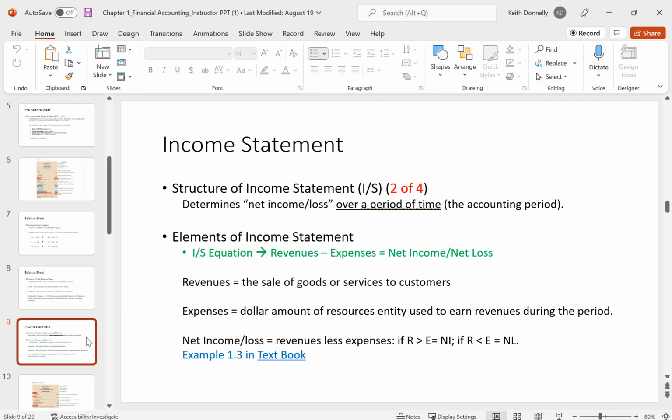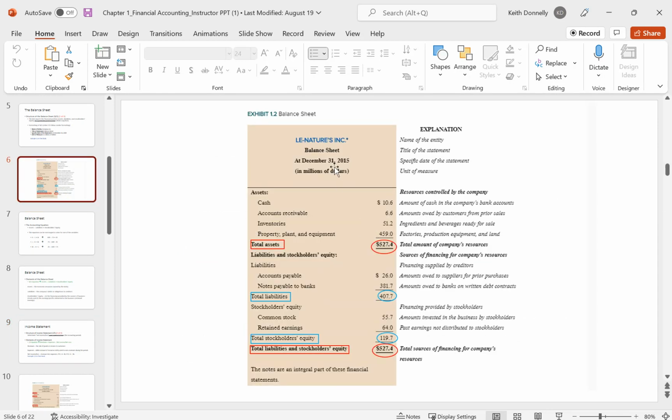Next, let's talk about the income statement. The income statement is prepared over a period of time, or it represents a period of time. What does that mean? So our balance sheet here, if we go back, this is like at December 31st. It's like a snapshot.